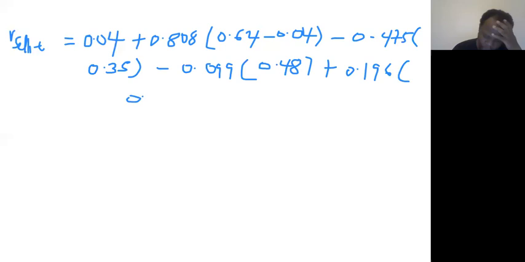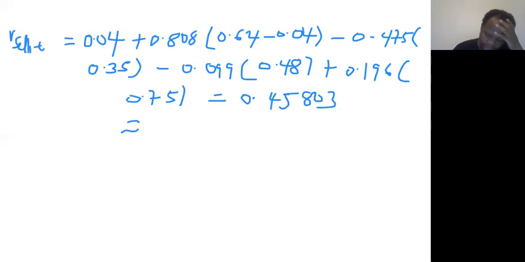When you sum up, you have 0.45803, which is the same as 45.80%. So the cost of capital for Sell It is 45.8%.